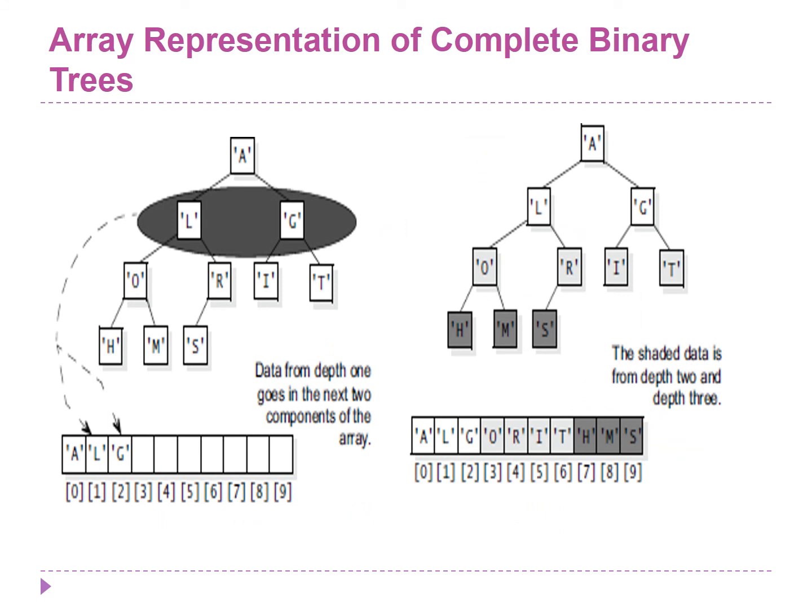The left child of the root node stores the value L and the right child of the root node stores the value G. In the array representation, when the root node is stored at index 0 of the array, its left child will be stored using the formula 2i plus 1. 2 multiplied by 0 plus 1 results in 1, and the left child value L will be stored at index 1 of the array.